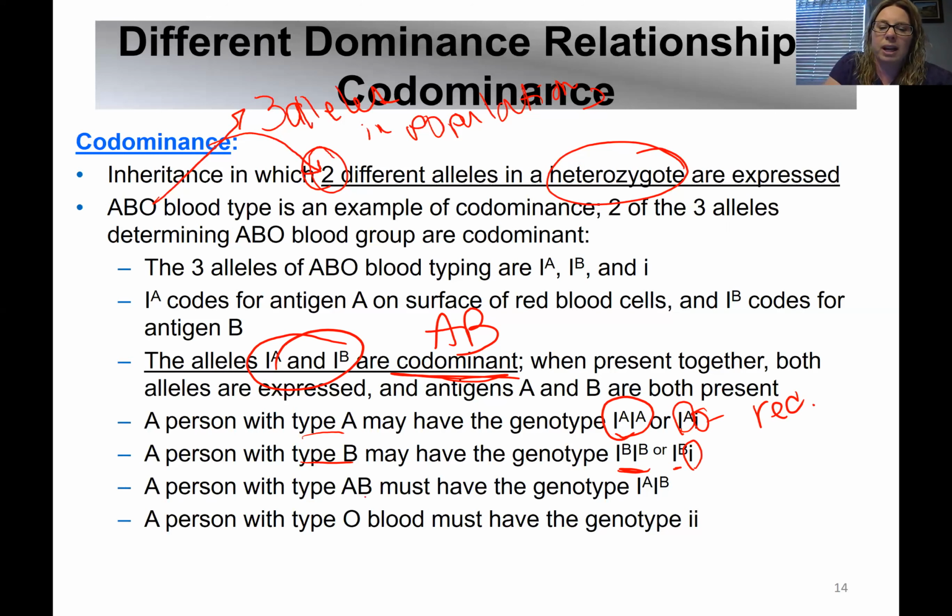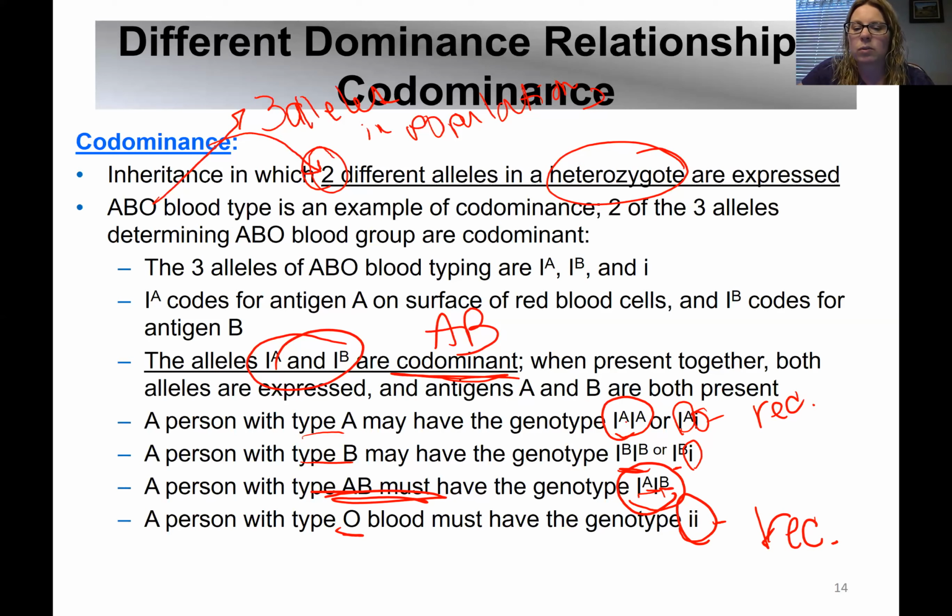A person with type AB, though, will only have an A dominant and a B dominant, and a type O will have only the recessive type. Okay, the recessive alleles.